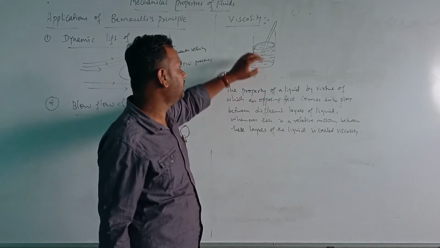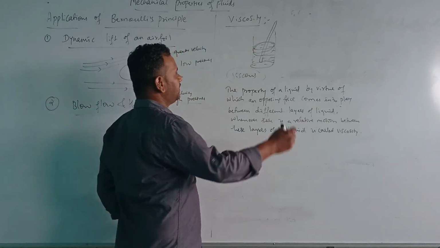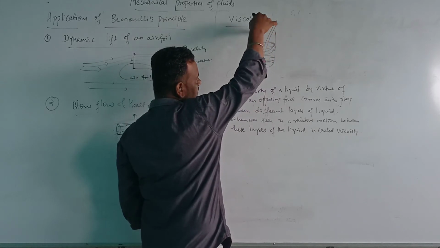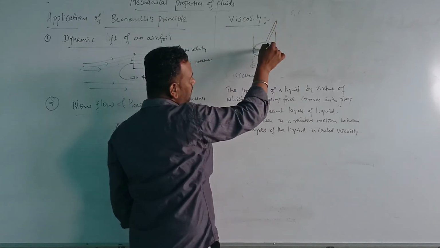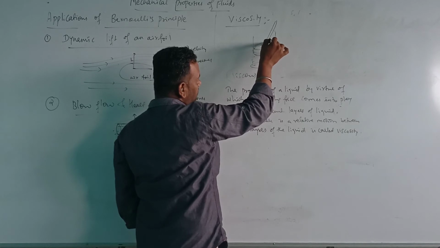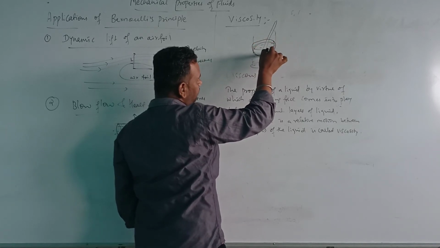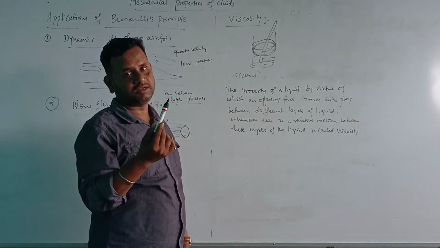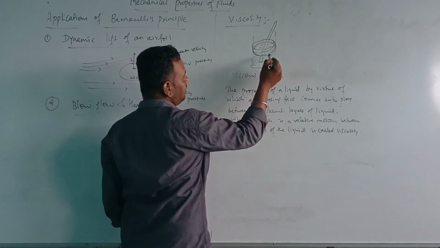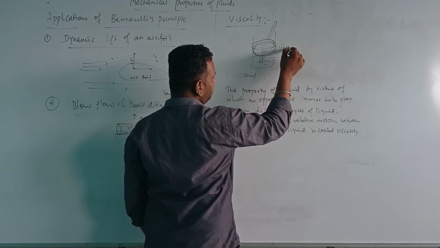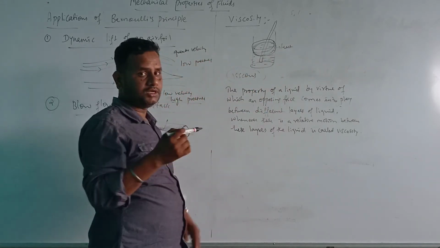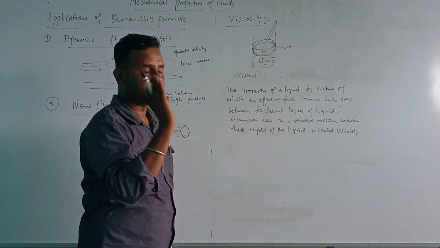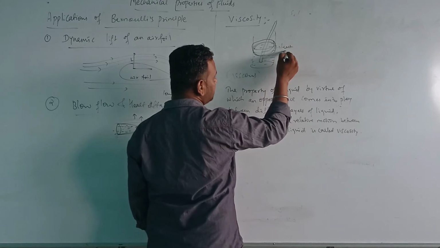Just now I have given you that example. I have taken this container which is filled with water and I am stirring this water. The liquid which slides along the sides of the vessel or container has the least velocity, because the liquid rotating while sliding along the side of the container has lower velocity.